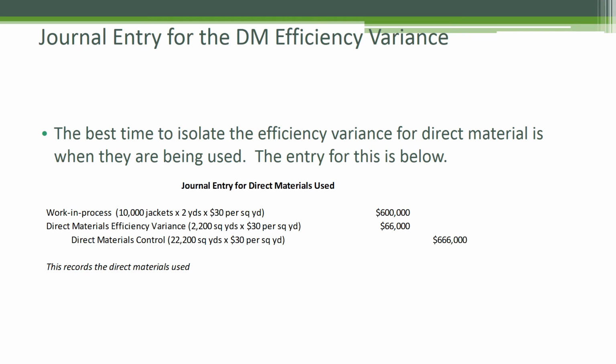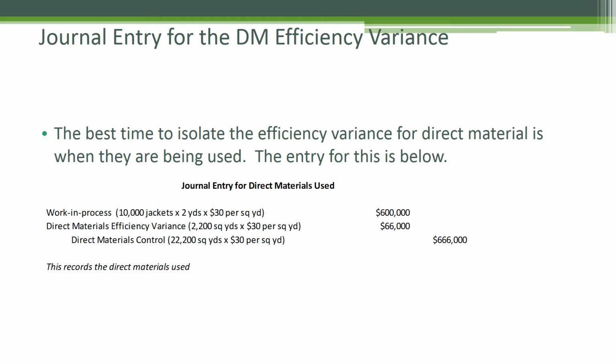Our direct materials efficiency variance is the 2,200 square yards of extra material that we used over our budgeted amount times the $30 per square yard, which gives us the $66,000.